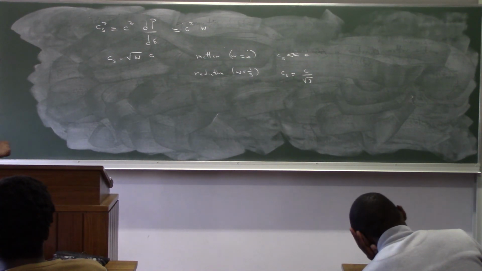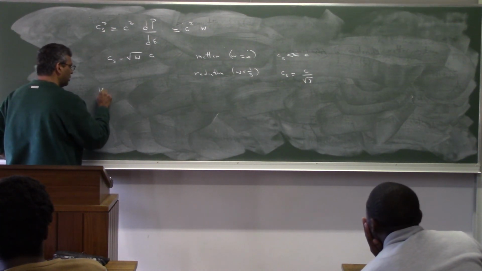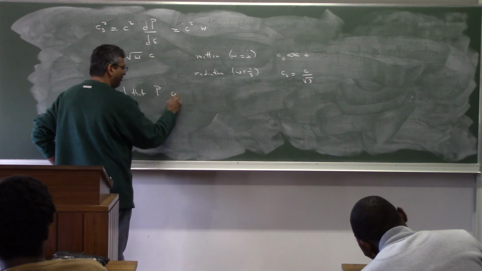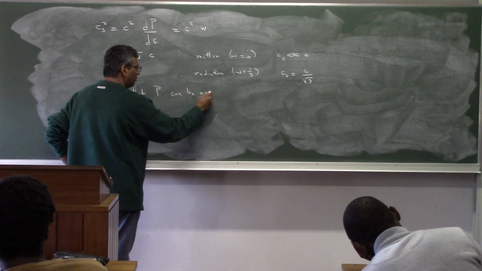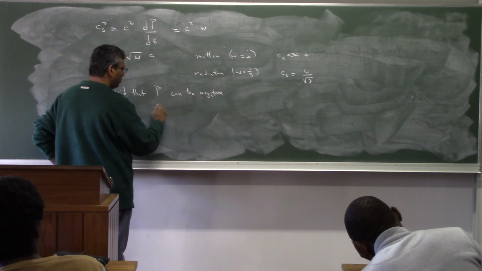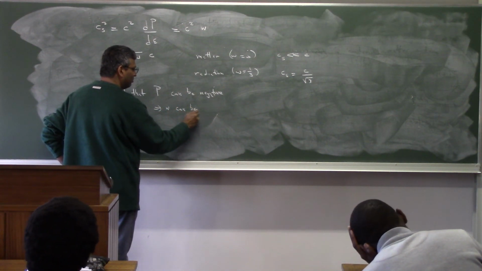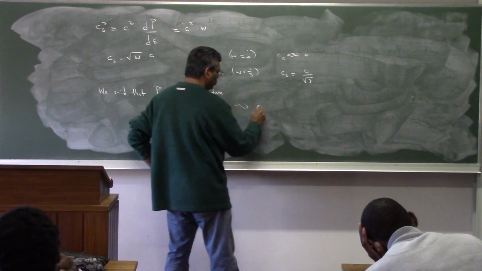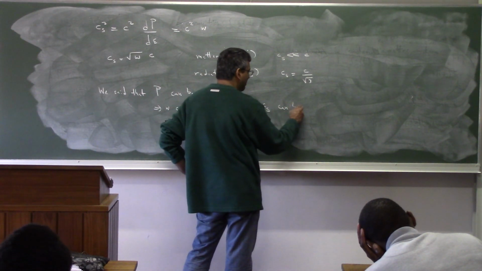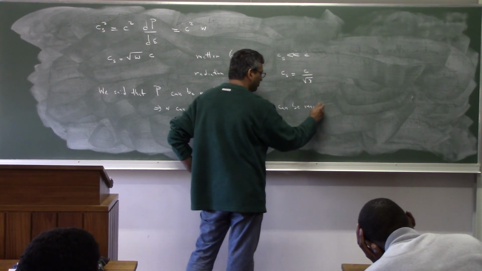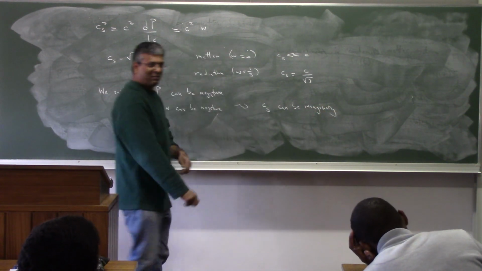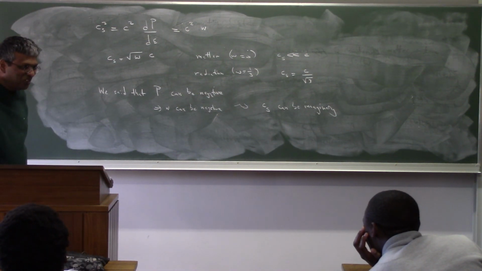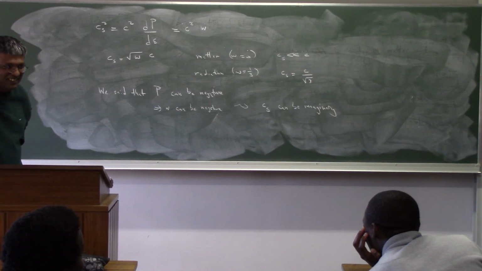So recall that we said the pressure can be negative. This means w can be negative. So this looks like the speed of sound can be imaginary. What does that mean? Any ideas? We don't hear anything.